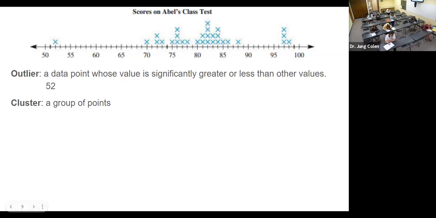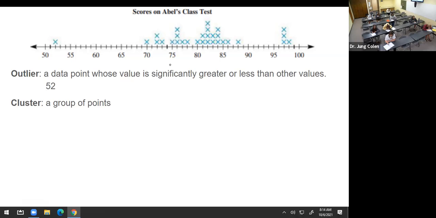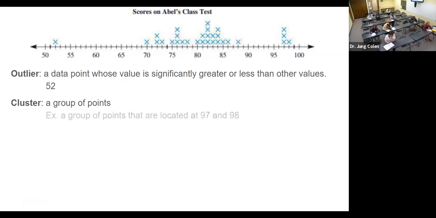Let's talk about clusters. A cluster is a group of points, right? So I see a cluster here, cluster here, cluster here, and here. All the points that are clustered together, a group of points, is called a cluster. How about a gap? We already know what a gap means, right?